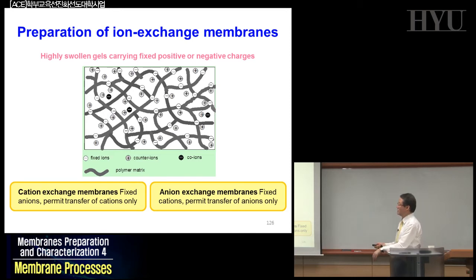So we have CEM and AEM in abbreviation. AEM contains quaternary ammonium salts, N plus ions, or imidazolium ions or ionic liquids. Those are classified as AEM, and CEM is the one that contains negatively charged anion-containing membranes.